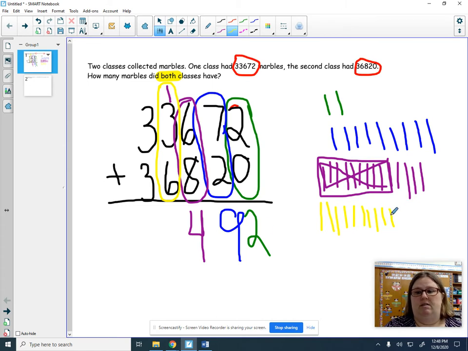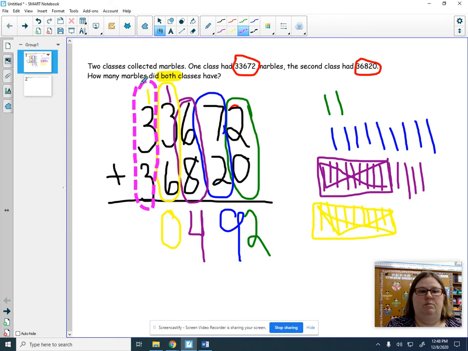Oh, 10. Sorry. That means I gotta box them, cross, put my 1 on top. I have none left over, so again, I have to hold my place value, so I have to put a 0 on the bottom.